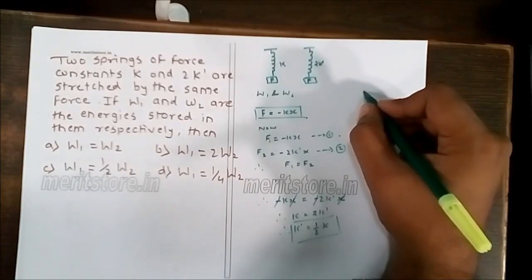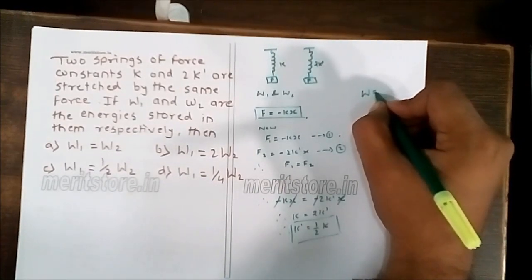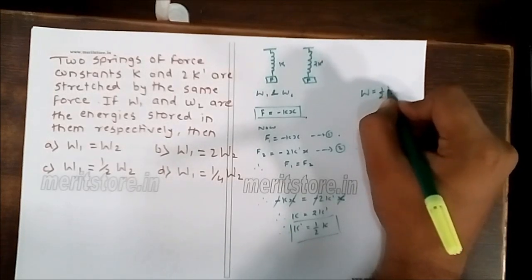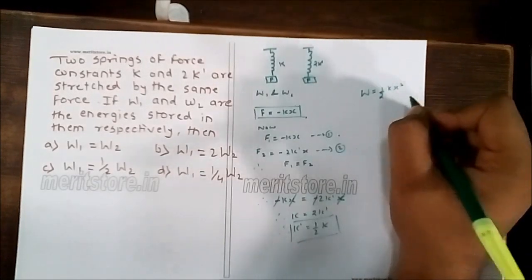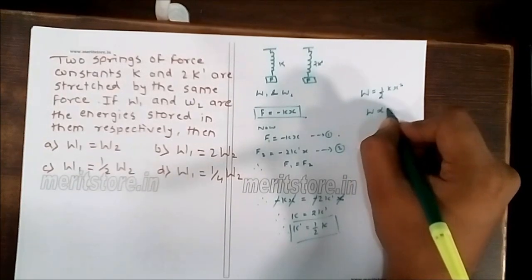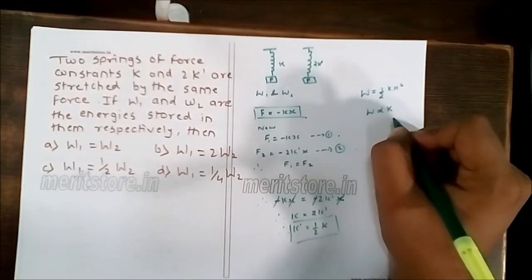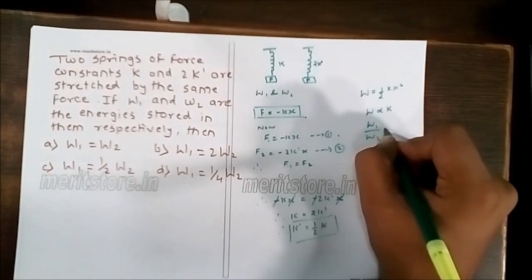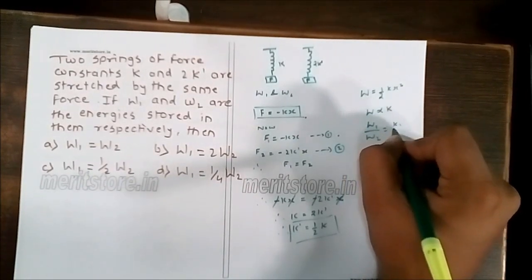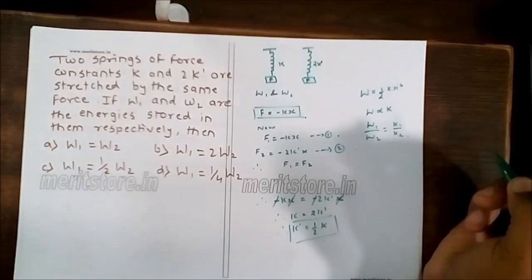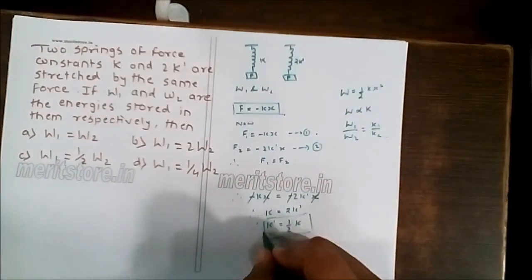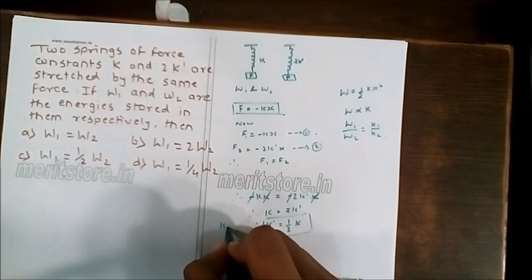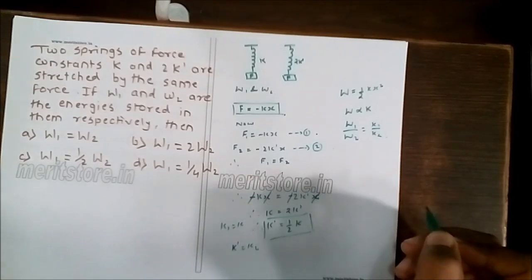Now let us find out the relation between your potential energy and k. W is equal to half kx square. From here we can say W is directly proportional to k. So for W1 upon W2, it will be K1 upon K2. For me, K dash is my K2 and K is my K1.